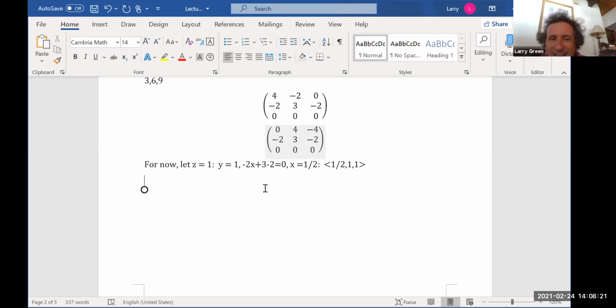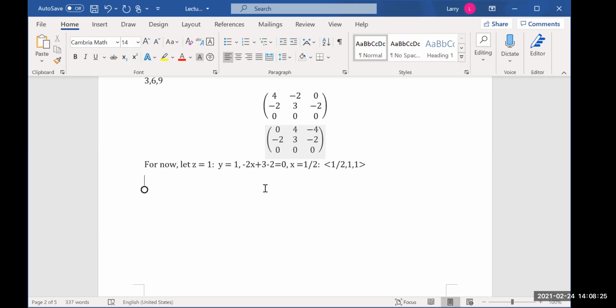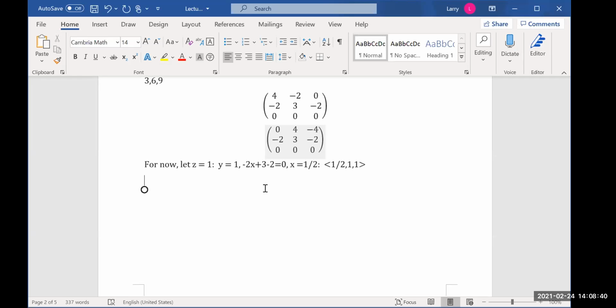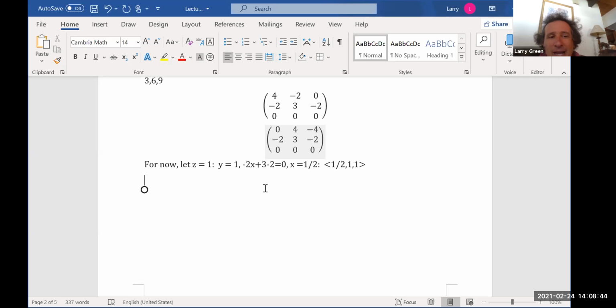Yeah, so I want an orthogonal matrix. So what does that mean? What vector do I want? How do I get an orthogonal matrix if that's going to be one of our columns? What do I have to do to this 1/2, 1, 1? Multiply it by 1 over the magnitude. Yeah, I got to multiply by 1 over the magnitude.